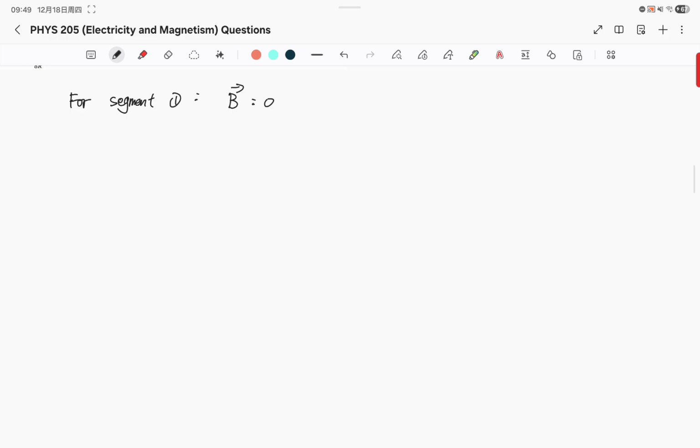Because let's write down the Biot-Savart equation. B is equal to mu naught I over 4 pi times the integral of dl cross r hat over r squared.